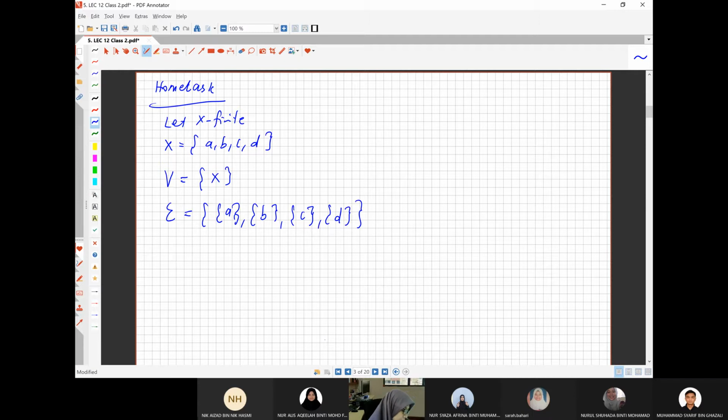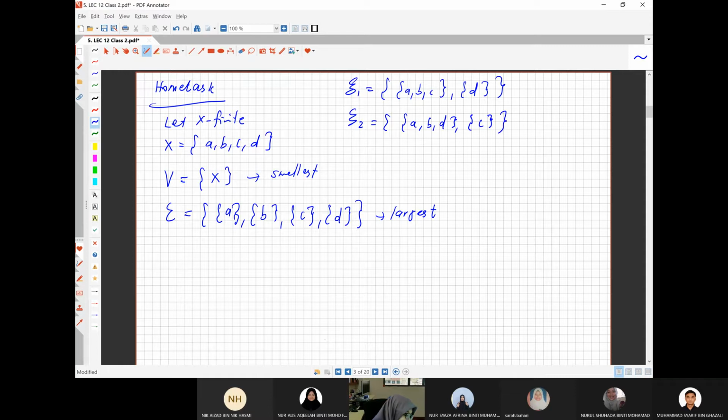So in between the smallest and the largest set, you have several other sets. I can define partition 1 as A, B, C, and D. And then I can define partition 2 as A, B, D, and C, and so on.